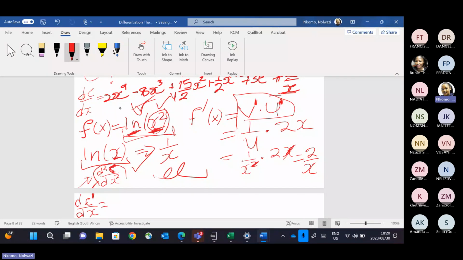Okay, now I will differentiate this function, right?